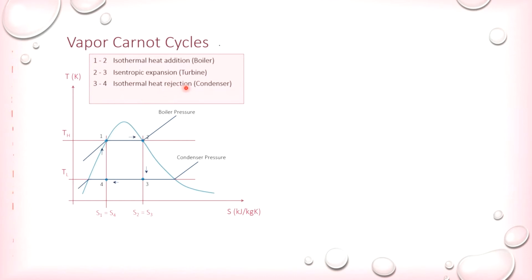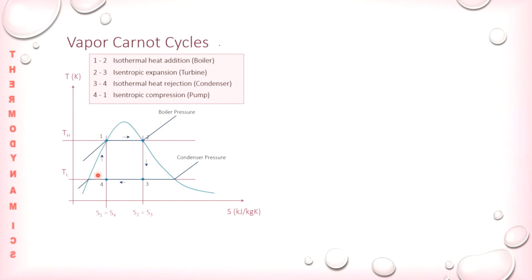We call it the heat rejected, and the system undergoes a cooling process in a device which we call the condenser, where condensation takes place. So it moves from state point 3 to state point 4. But in the Carnot cycle, state points 3 and 4 are both in the wet region, so you must have the dryness fraction.